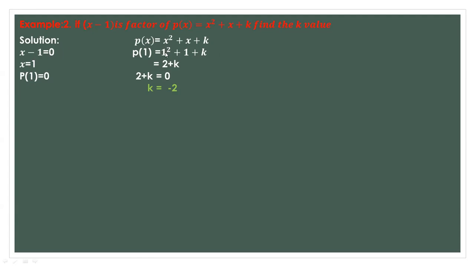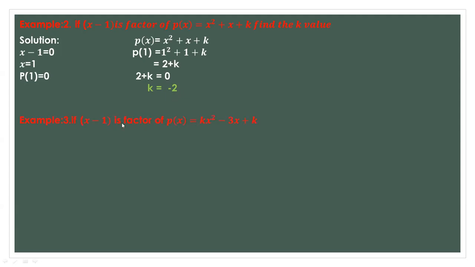Then x square means 1 square, plus x means plus 1. Then 1 square means 1, 1 plus 1 is equal to 2, plus k. Then 2 plus k is equal to 0 because the polynomial becomes 0, because the factor is x minus 1. That's why p of 1 is equal to 0. Then 2 plus k is equal to 0, then k is equal to minus 2.